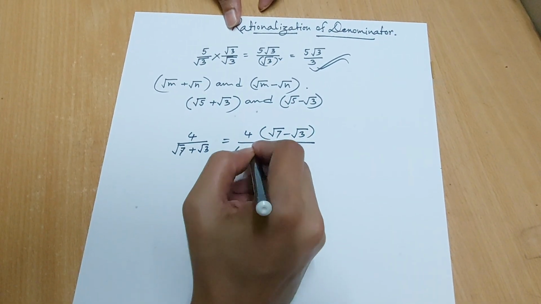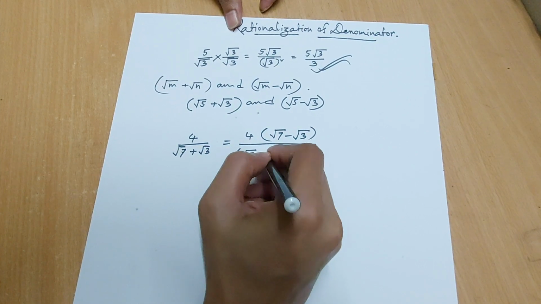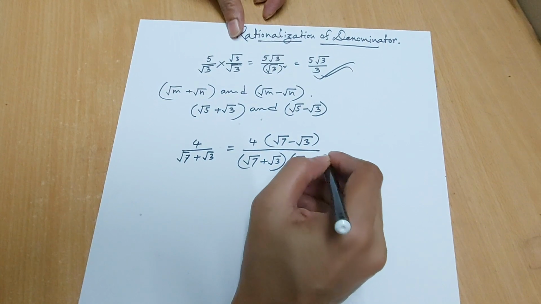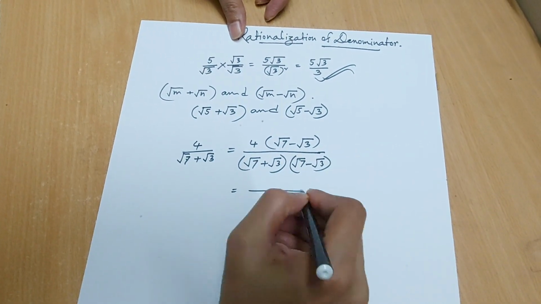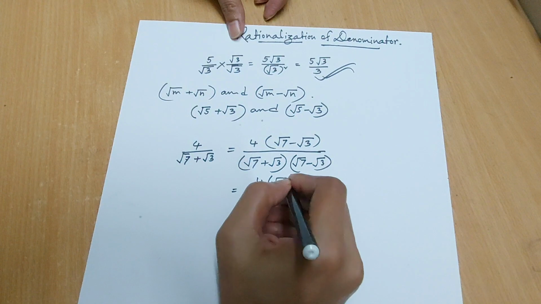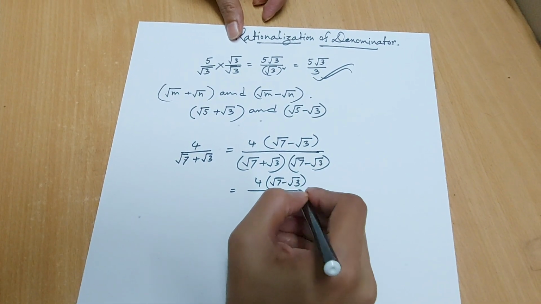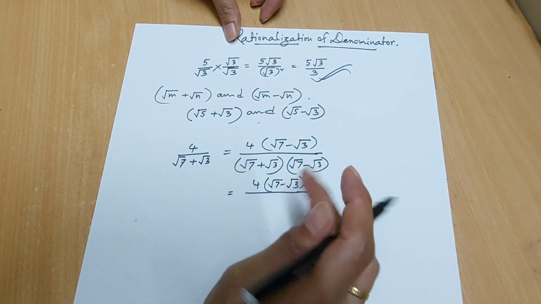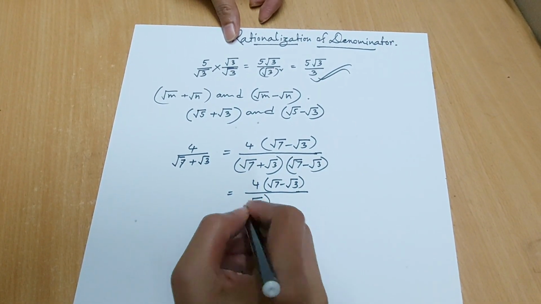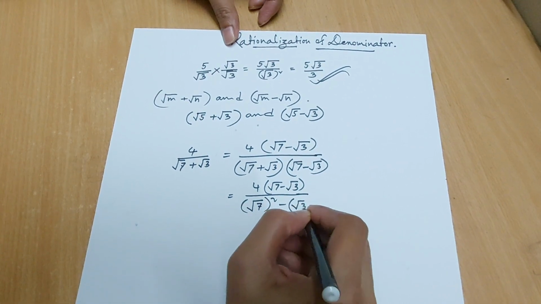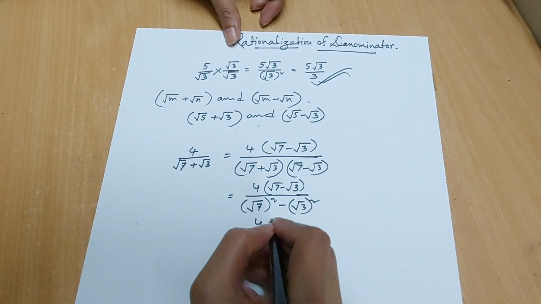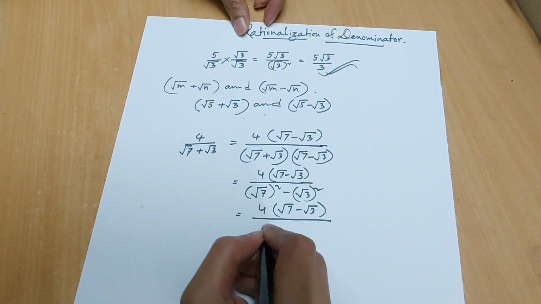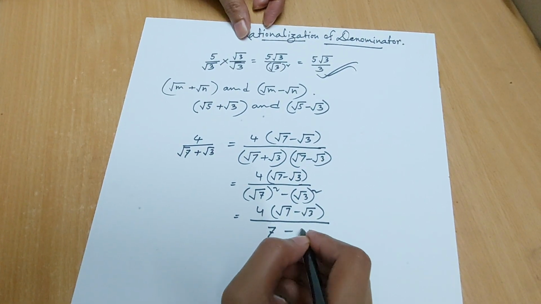Root 7 plus root 3 into root 7 minus root 3 equals 4 into root 7 minus root 3 over, if we take it as a plus b into a minus b, then a square minus b square, and the root sign will be omitted in the second stage.